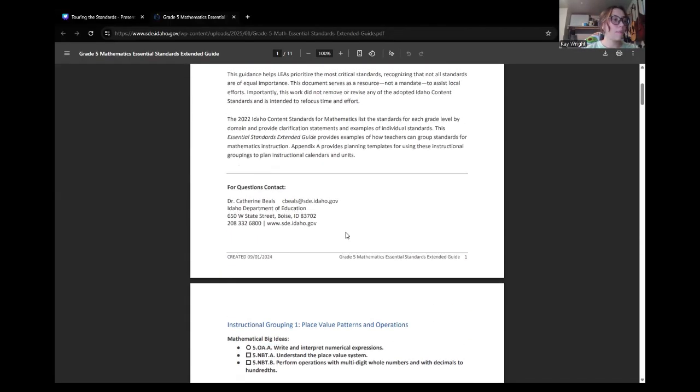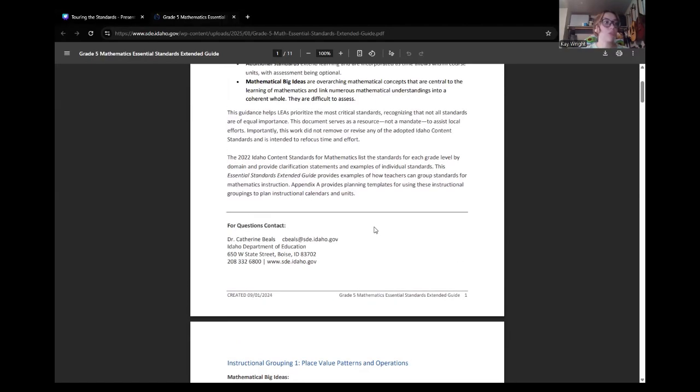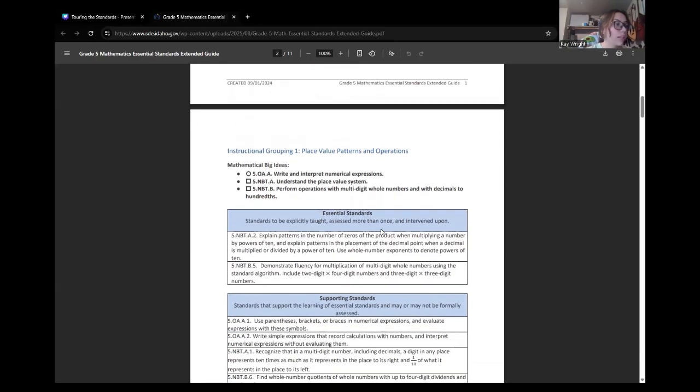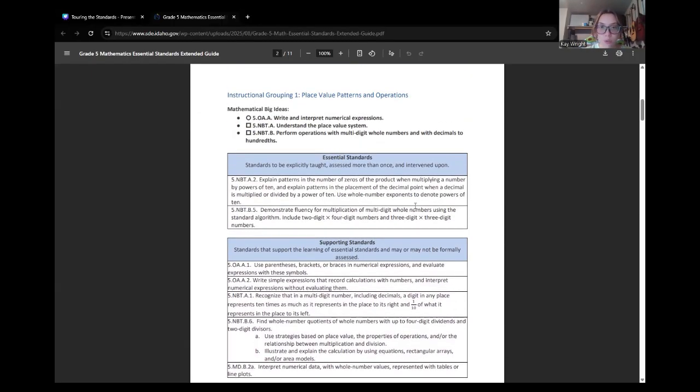Now going in more about how this is organized, the middle section is divided into 8 instructional groupings, each with big ideas, essential standards, and supporting standards for key math topics. So we've seen that here: big ideas, essential standards, supporting standards. Like place value, decimals, fractions, data, geometry, coordinate planes, it goes over all of that.